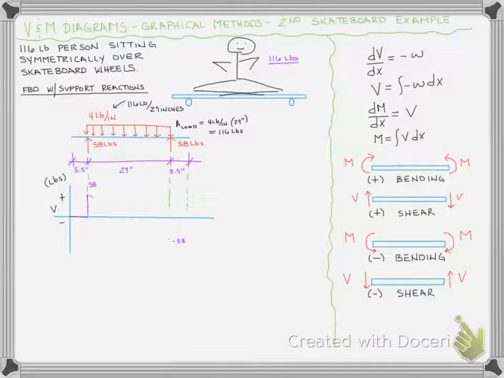So let's see if I can connect that. It's pretty good. All right, and then we get to the second wheel, and there we again have 58 pounds straight up, so we can just go straight up, which brings us back to 0, and then we have no load at all in the last 5.5 inches, so we have 0 shear.